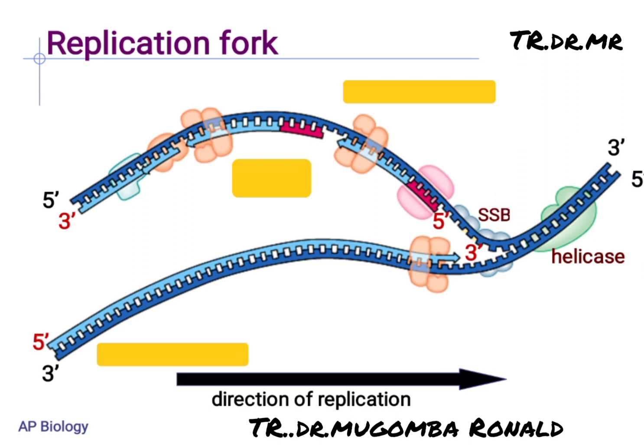After that is done, the single-stranded binding proteins go ahead and bind on the single strands and prevent them from sticking back or rewinding, and also prevent them from the activity of endonucleases.